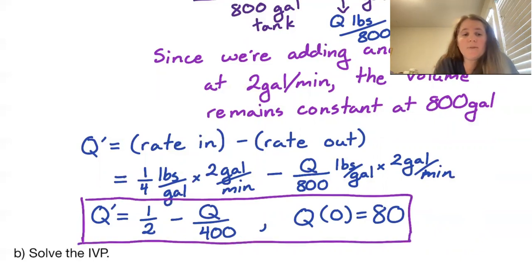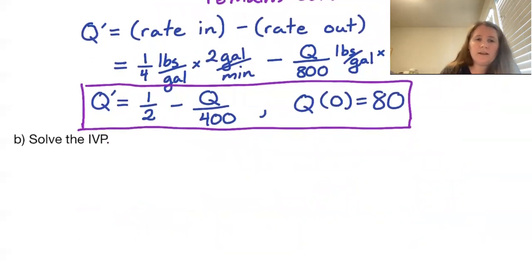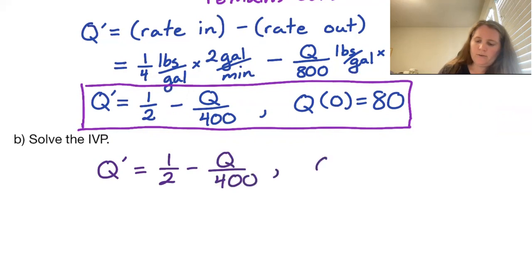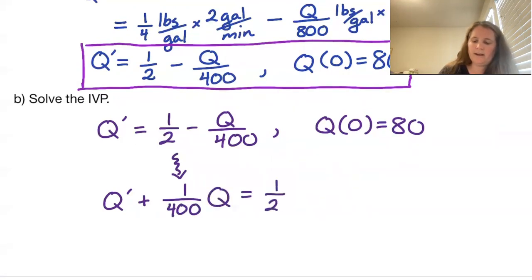Once we have our setup, the next stage is simply to solve the IVP. So when we go about solving the IVP, we have, again, Q prime is equal to 1/2 minus Q over 400, with Q of 0 equaling 80. We can rearrange our differential equation so it's in the format Q prime plus 1/400 times Q is equal to 1/2.